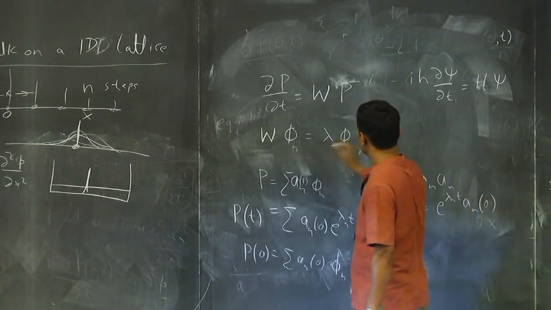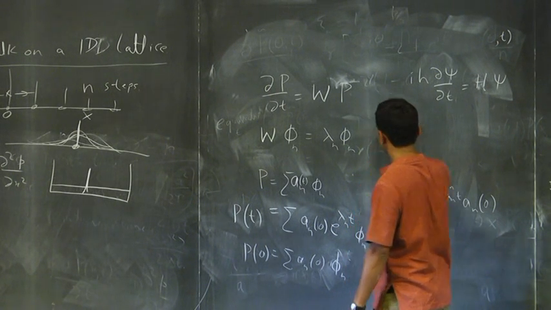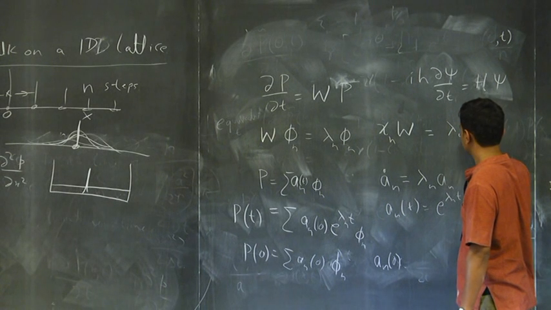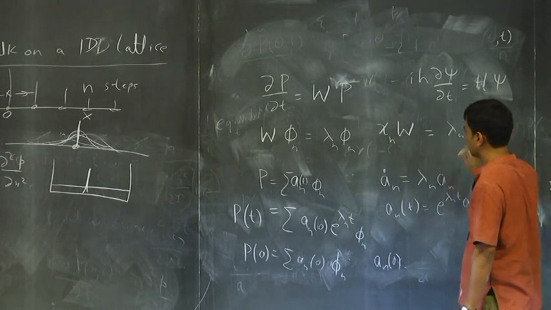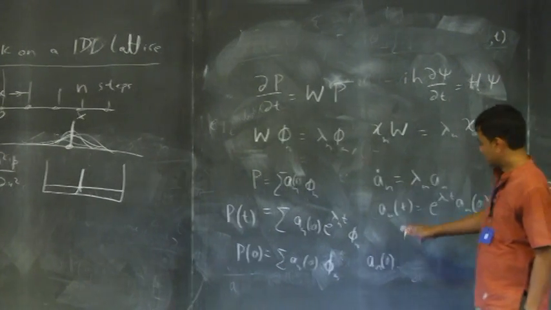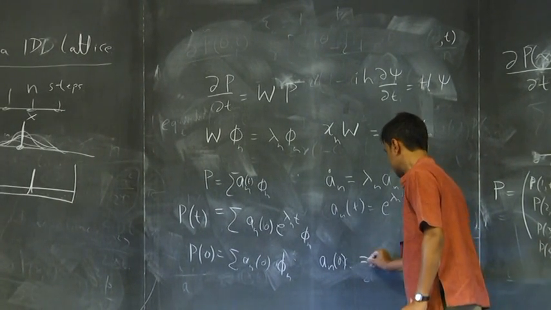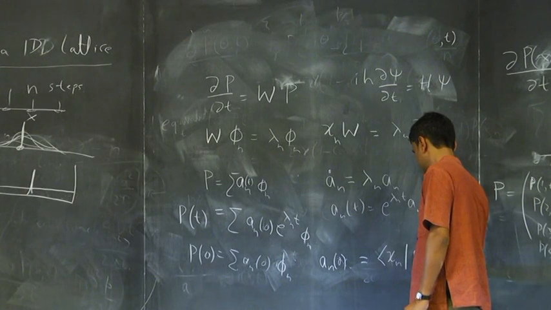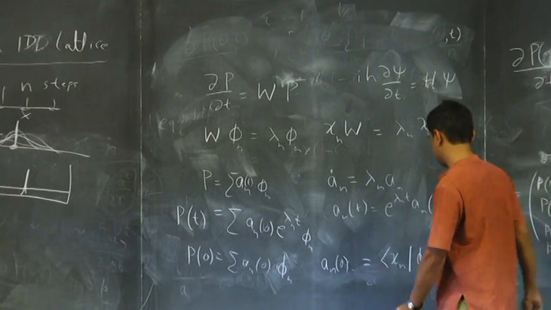okay, so W also has some left eigenvectors, I will just call them chi n, and the eigenvalues are the same, okay, and so what I get here is this is equal to, sorry.